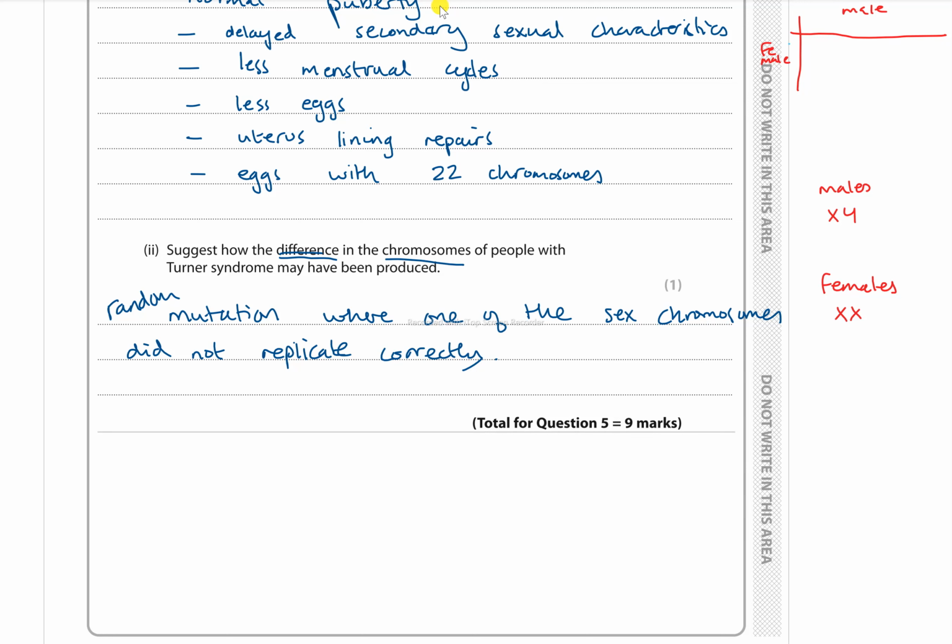You've got X, X, and from the male you've got X, Y. So now if you cross these two, you're going to end up with X, X, X, X. This one's going to be X, Y. And again, if I did this gamete with this gamete, you're going to end up with XY.